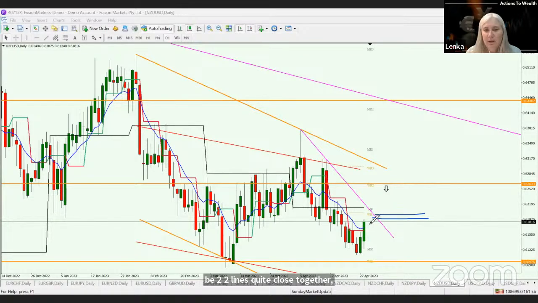So either the price might go sideways, resist that area, and then if there's a reversal, come down. Otherwise, it would need to break it first and then retest for it to go up. So for this, I would still say short.